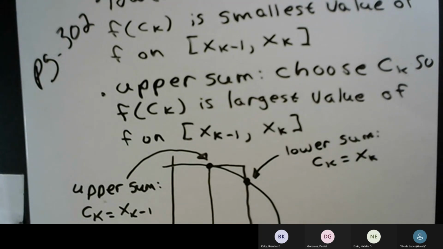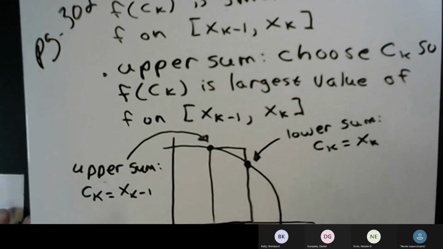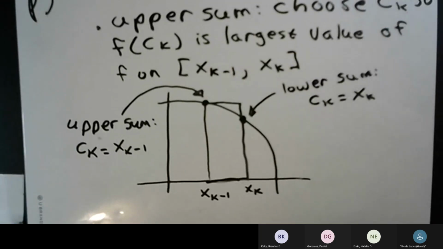The significance of these two, and again, this is for that example on page 302, is that you can use these to show when an integral doesn't exist. That's the key significance with these two. You can use these to show when an integral doesn't exist.